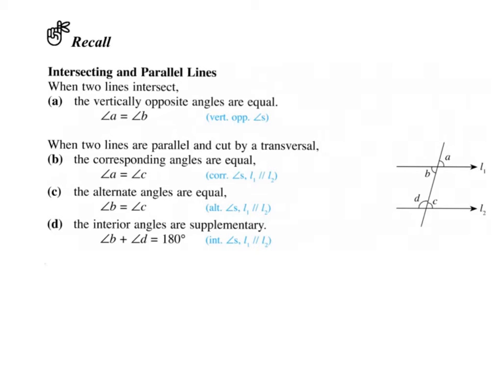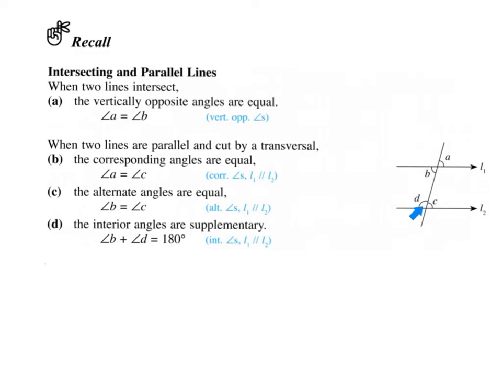For example, if you look at angle A and angle B, these two angles are equal because of the vertically opposite relationship. So when we write down angle A equals angle B, we have to make sure that we write down the reason: vertically opposite angles. This line is what we call a transversal.